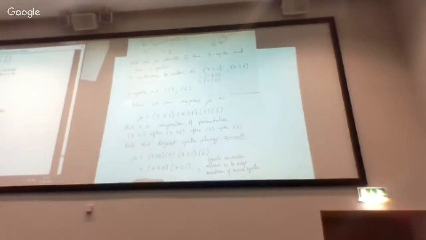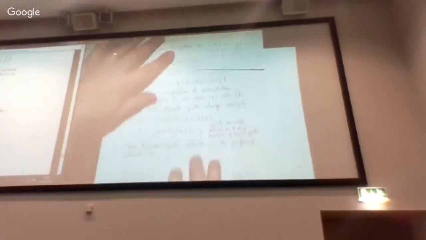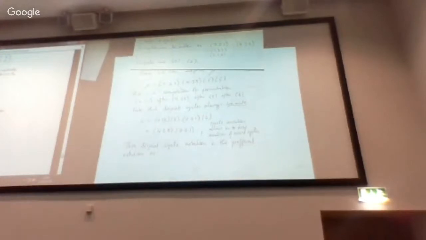So this disjoint cycle notation is the preferred notation, as it conveys the most information about the structure, about what's really going on with the permutation.